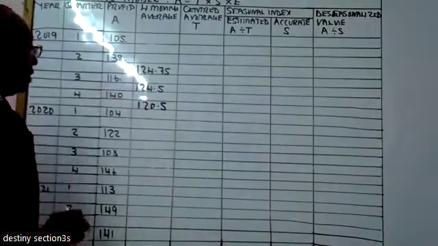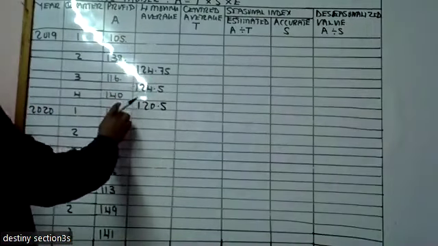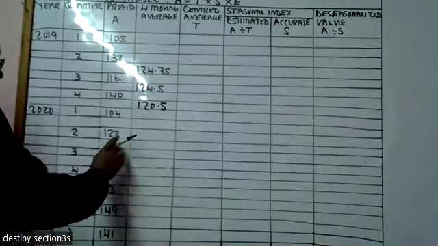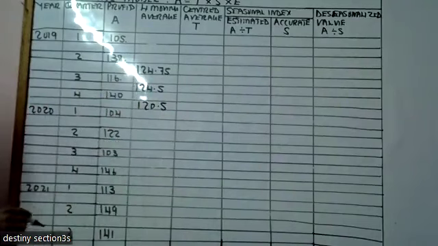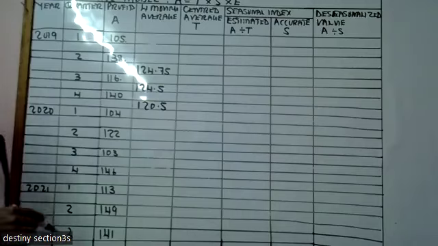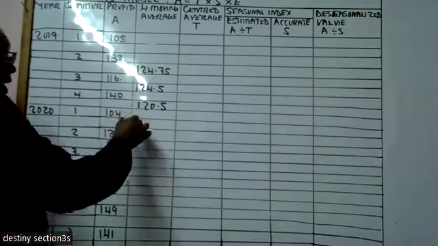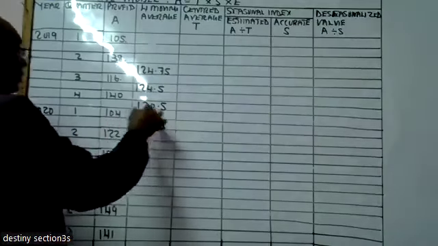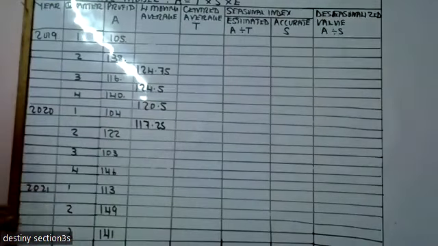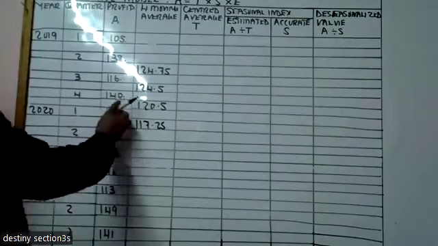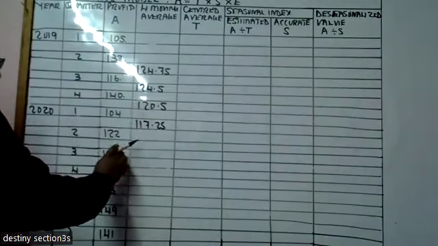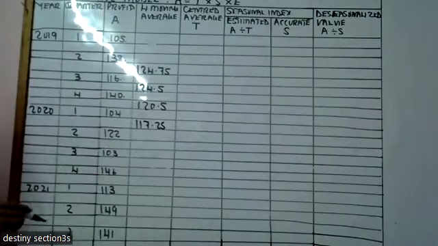Drop 116, so 140 plus 104 plus 122 plus 103 equals, divide by 4. 117.25. Drop 140, now pick 104 plus 122 plus 103 plus 146.